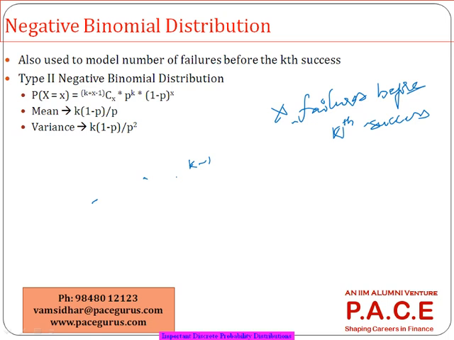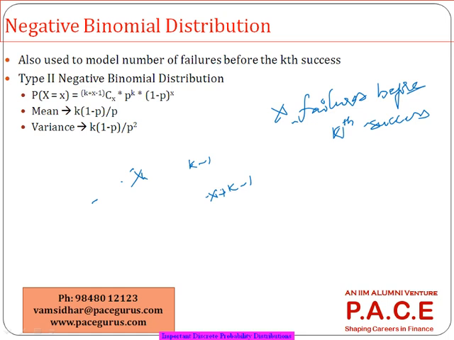If we are talking of the kth success to come up, by now I would have already got k minus 1 successes and x failures. So till now I would have made x plus k minus 1 attempts.